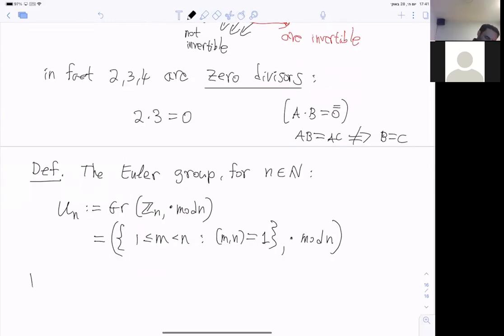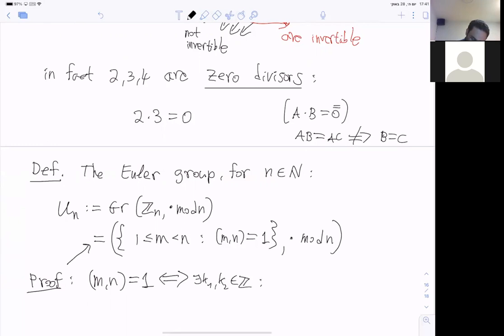Proof of this equality. Why is it true? Because if m and n are coprime, this is equivalent, as we said, to having an integral combination that gives you 1.